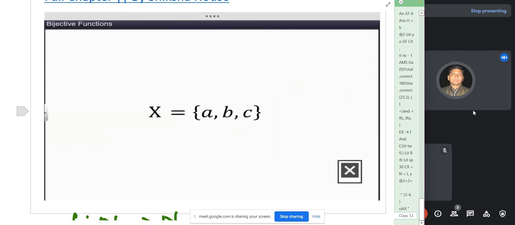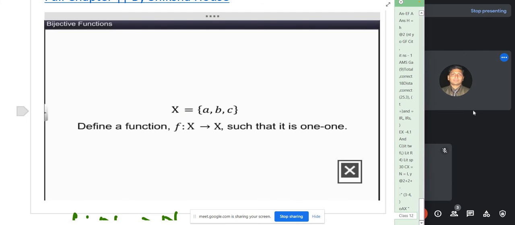Consider a finite set X with the elements a, b and c. Let us define a function f from X to X such that it is a 1, 1 mapping.